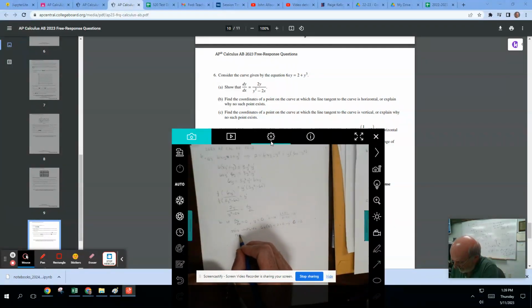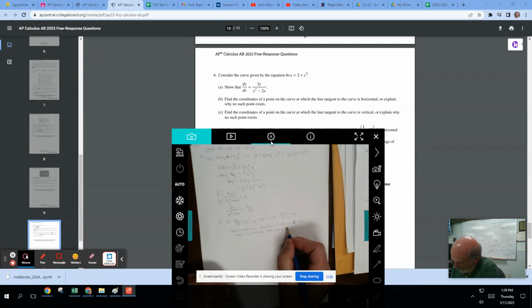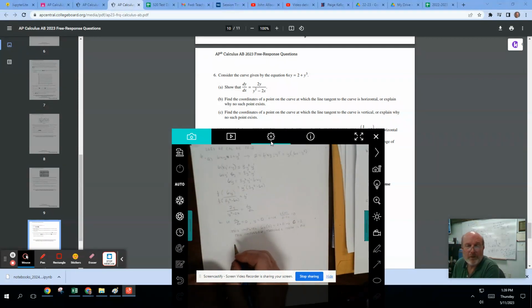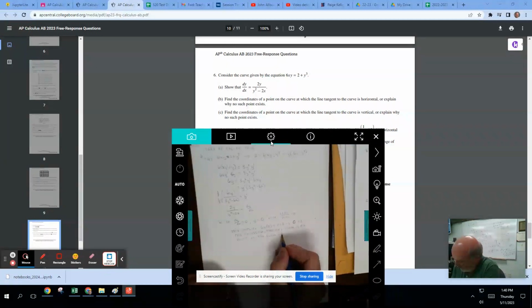This is impossible. Therefore, there is no point on the curve with a horizontal tangent.